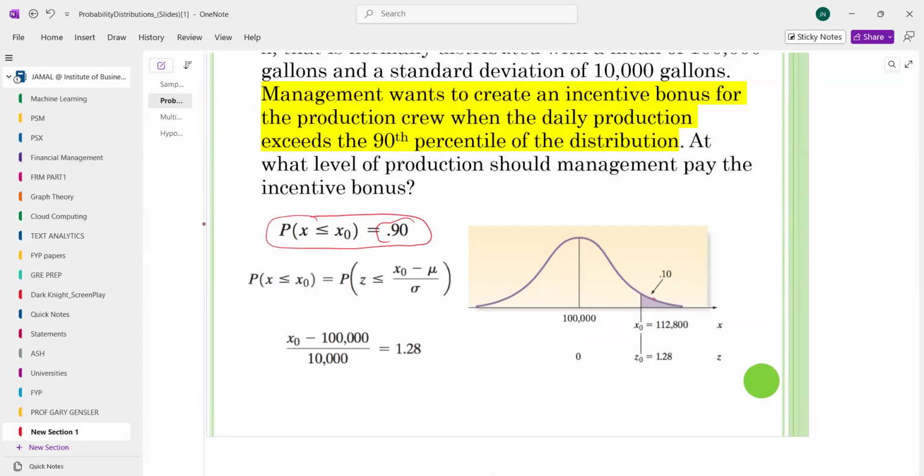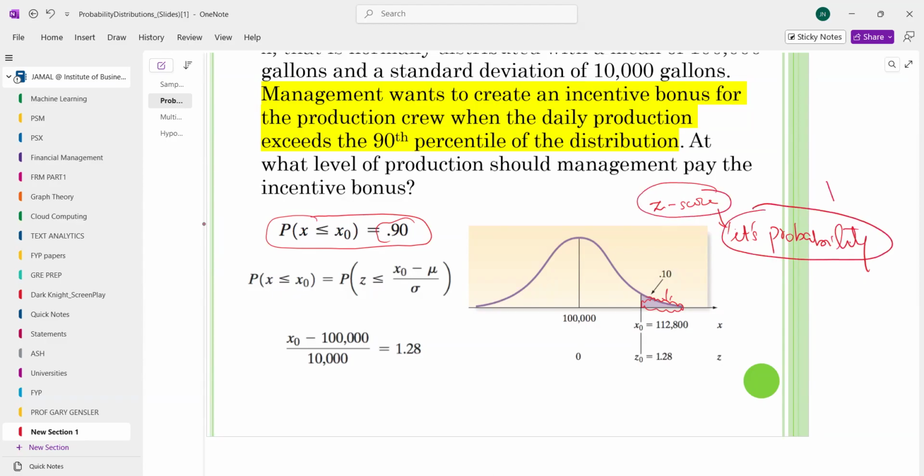Up until now, the task was to find the z-score and its corresponding probability. The questions we have solved before were based on finding the z-score and its probability.